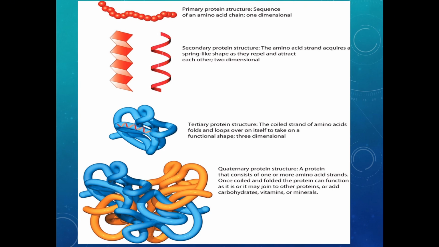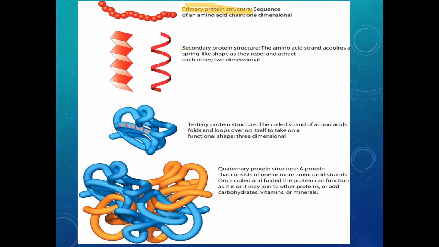We have the structure of protein. It's actually 4 levels. The first level is primary protein structure, which is only the sequence of the amino acids connected together, so it's one dimensional.